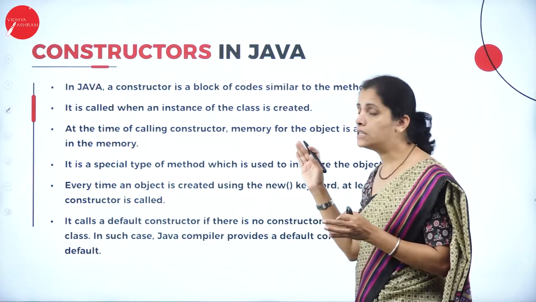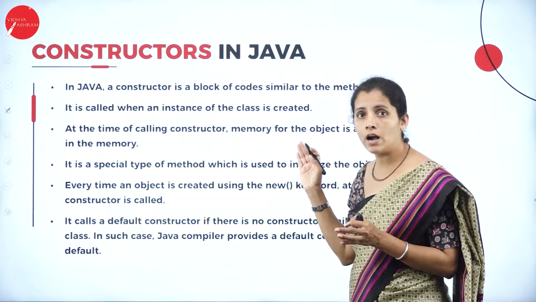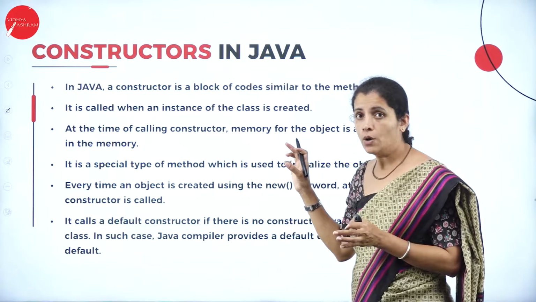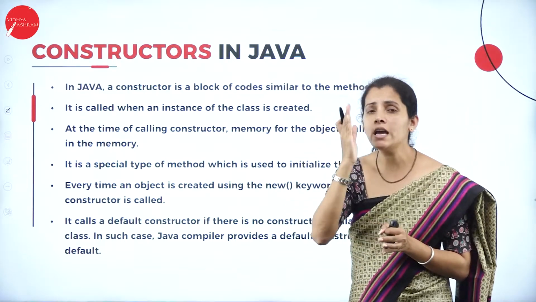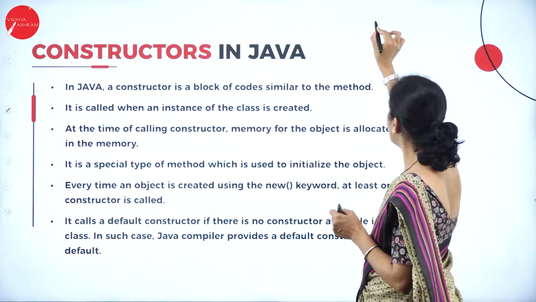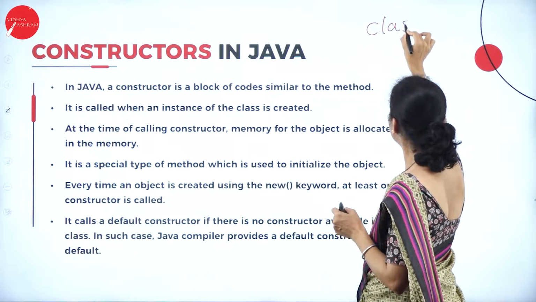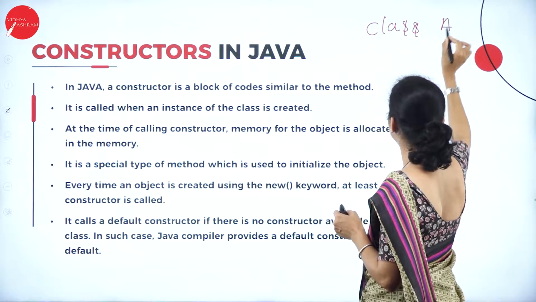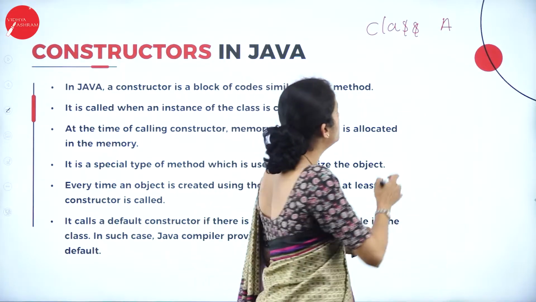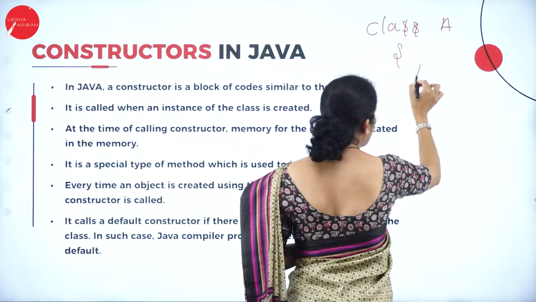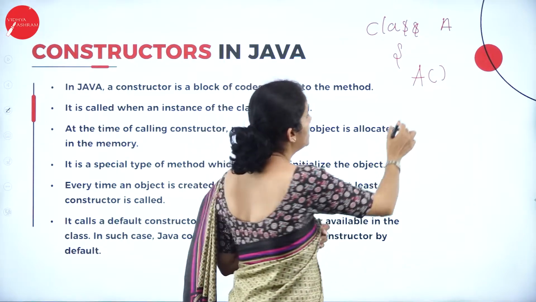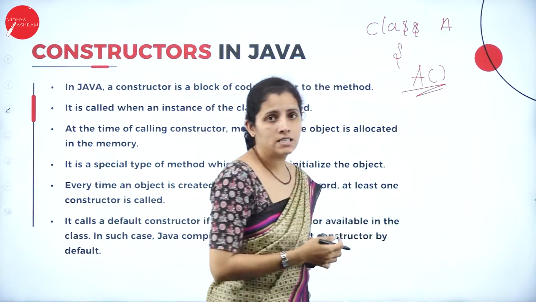If I consider constructors in Java, that's nothing but a method which has the same name as the class name. For example, think that I create a class called A. Here A is the class name. Now, if I write the same class name inside the class, then it is treated as a constructor.